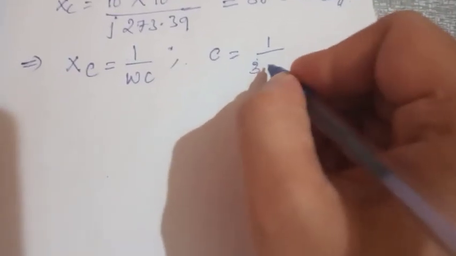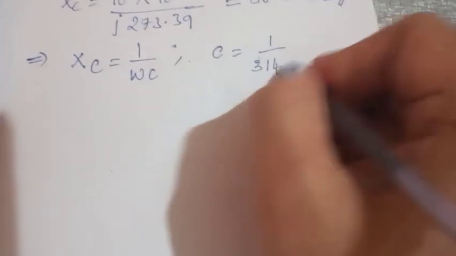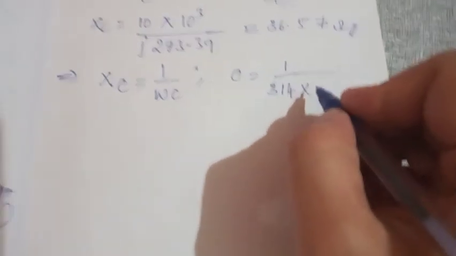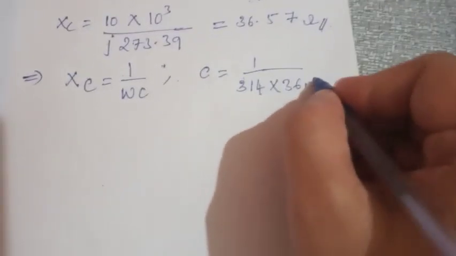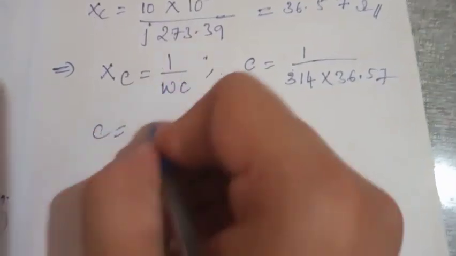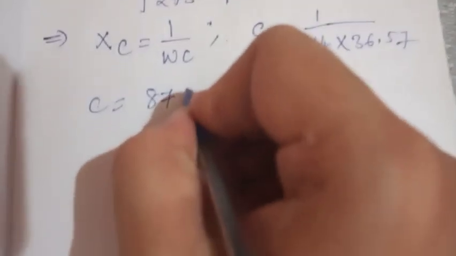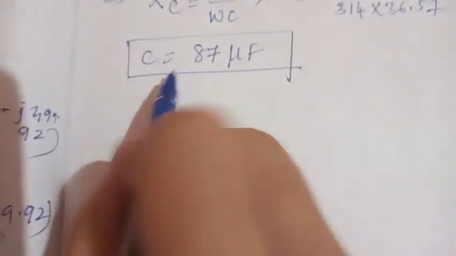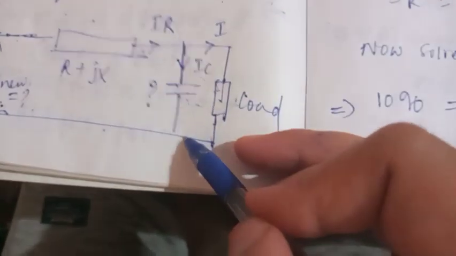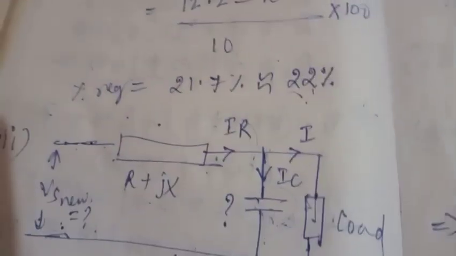They have clearly given a 50 hertz line, so omega is 2 pi f, which is 314, into XC, which is 36.57. That will come around 87 microfarad. So this is the additional capacitance of 87 microfarad to be connected here, so that it will reduce the voltage regulation to 50% of the previous value.